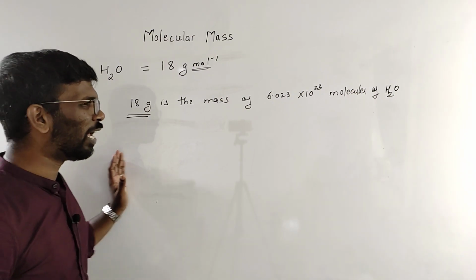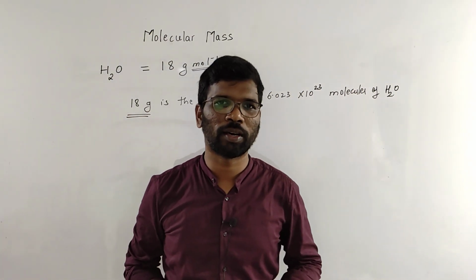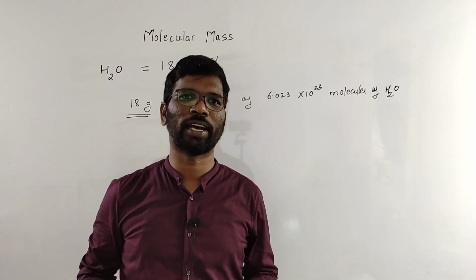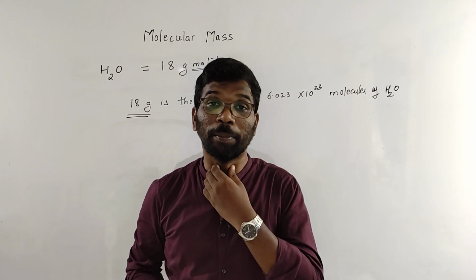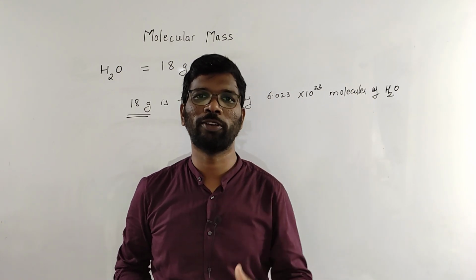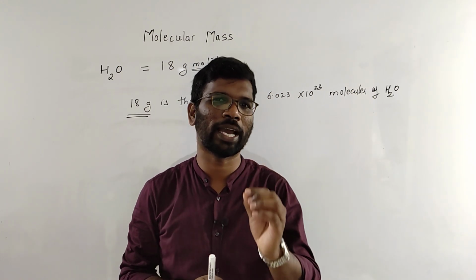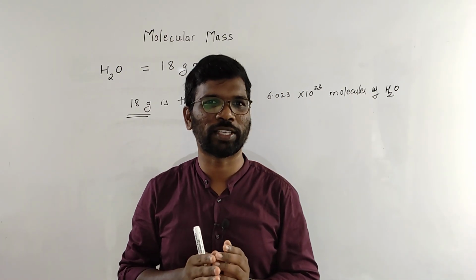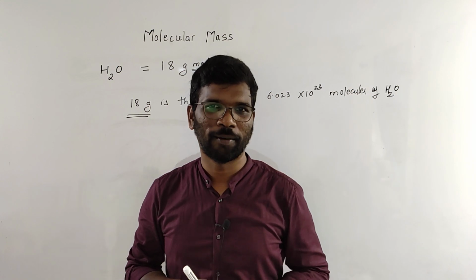So whatever we have calculated, 18 gram for water, for sulfuric acid it was 98, ammonia it was 17 gram, means now it is for 6.023 into 10 raised to 23 molecules. Again that value is fixed and it is for those many molecules.